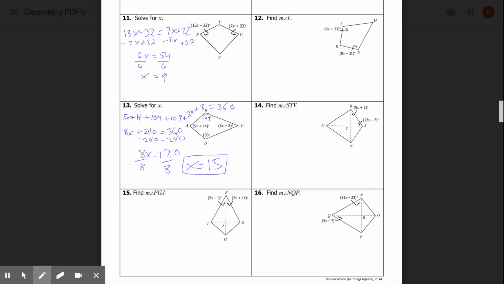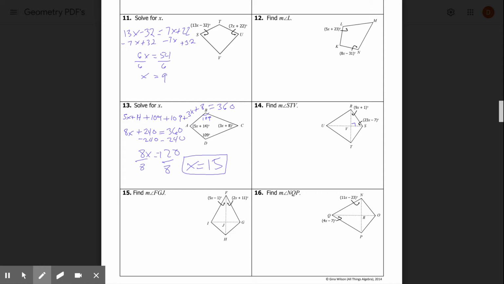Okay, so we also have 14, 9x plus 1. We have that angle. We have this one. So this time we're going to use the triangle because we know that this is a 90-degree angle. So all three of those would add up to 180 degrees.